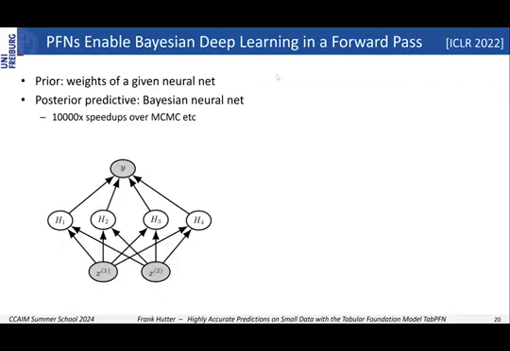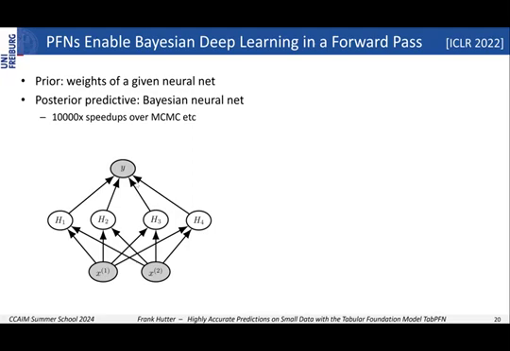And so what we would have in these Bayesian neural networks, you would have weights over the neural networks. You would typically have little Gaussians for each of the individual weights, and then the posterior predictive distribution is the Bayesian neural net.